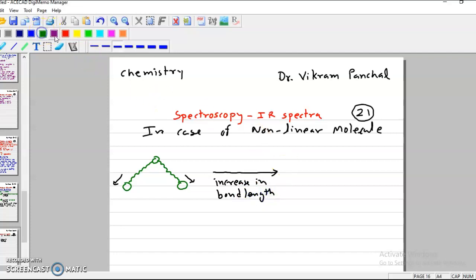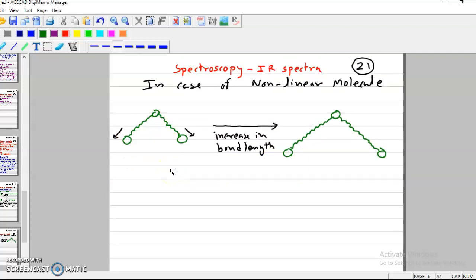The central atom remains there only, but the end atoms go away from central atom like this, and here bond length changes. So there will be change in bond length.